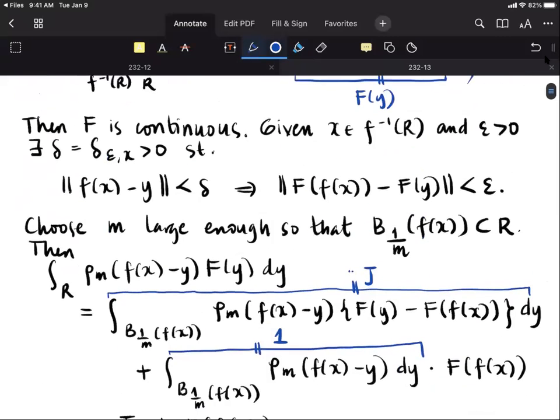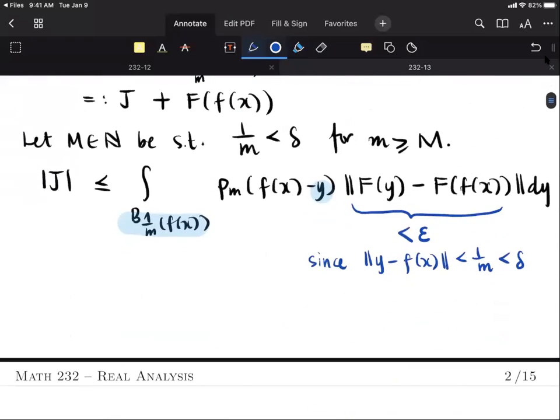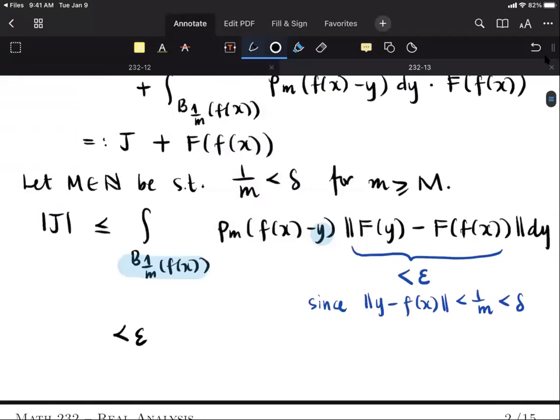And you apply this statement here due to continuity. So therefore, we now have the following. This is less than epsilon since the integral of this over this ball is 1. So for all m greater or equal to capital M.